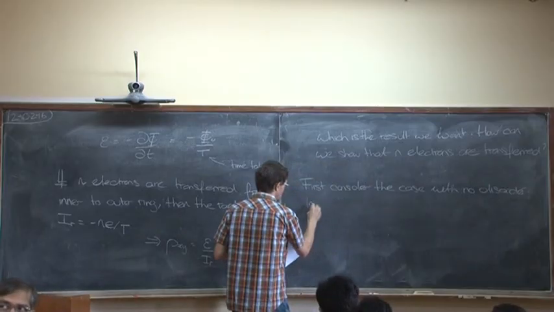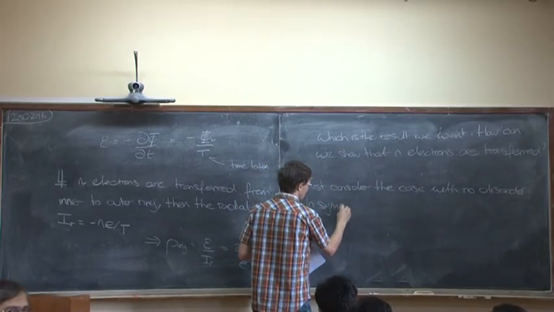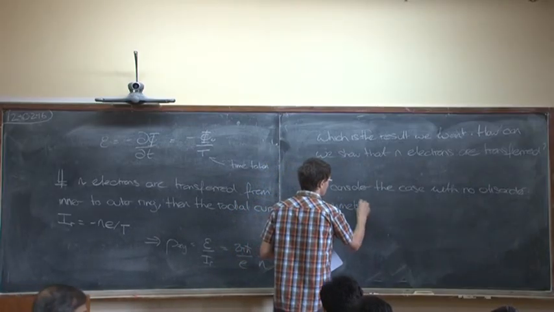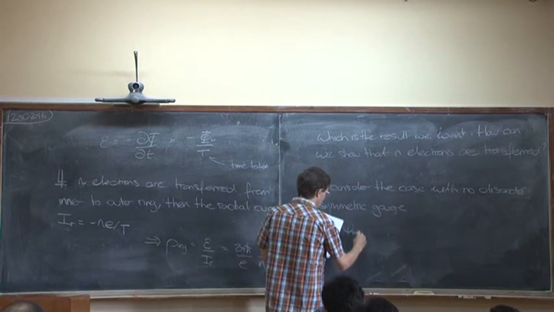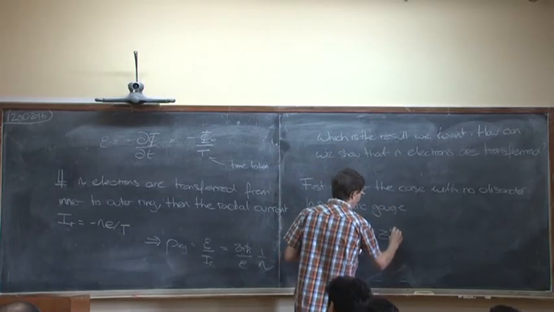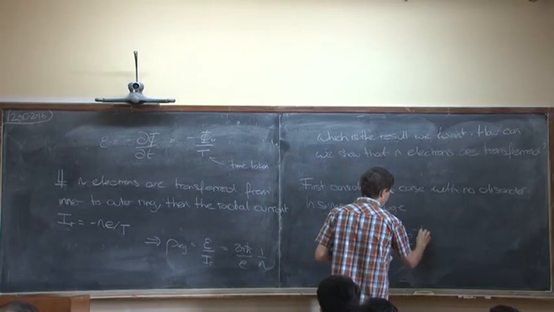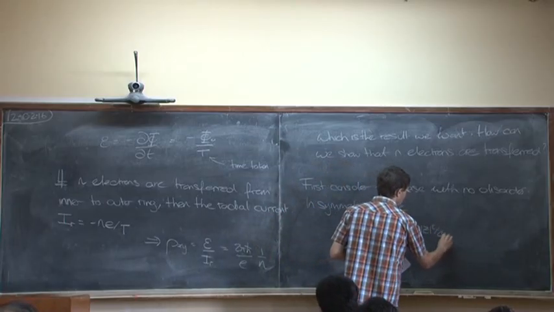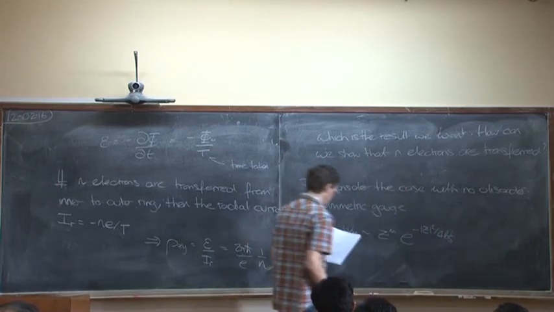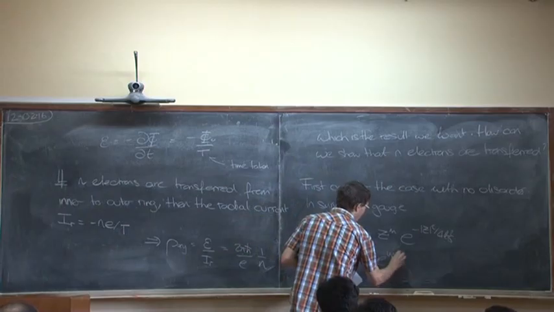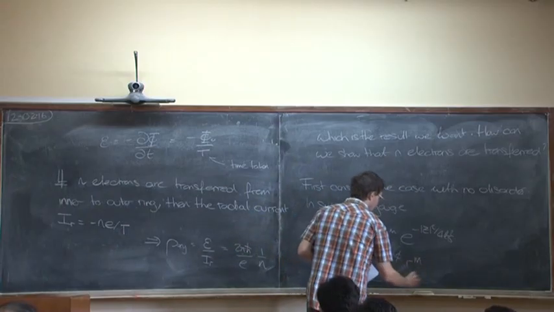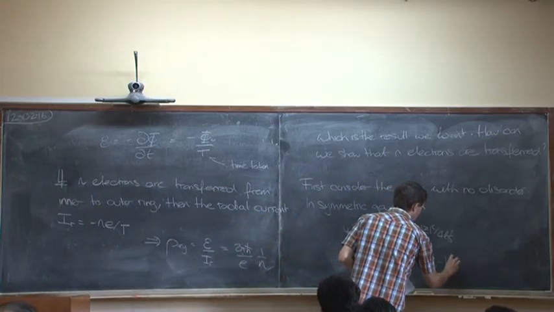So in the symmetric gauge, which, as we have radial symmetry, is obviously the right thing to consider, we saw in the first lecture that the wave function is psi_m of z, e to the i m phi, r to the m, e to the minus r squared over 4 l squared.